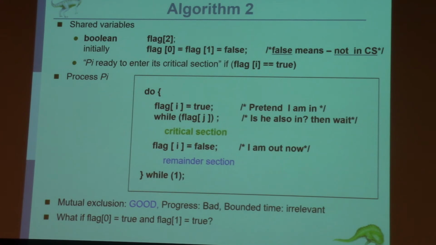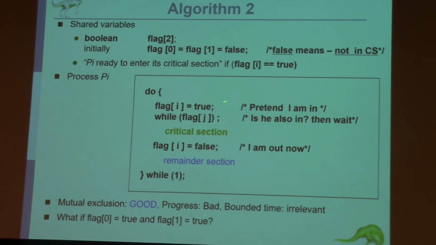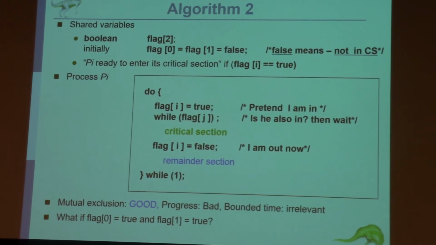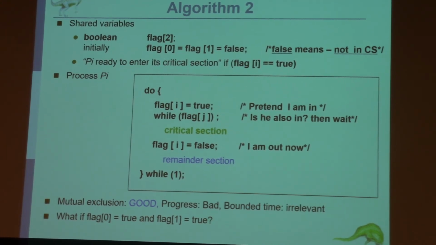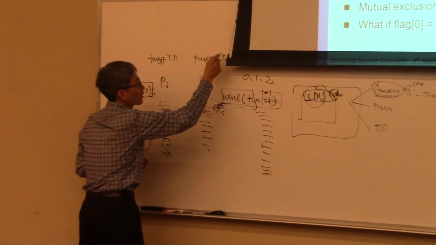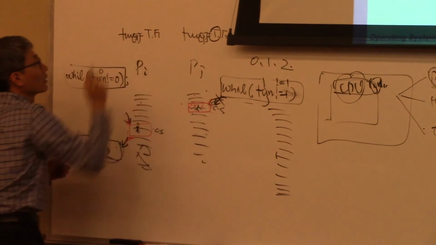Then check the other, whether the other is being used. As I said, this is a 2 process case, so i or j. So whether j is the one using. If so, we have turn, true, false. This is i, and this is j. For example, j is being used, it's true, and this one is false.